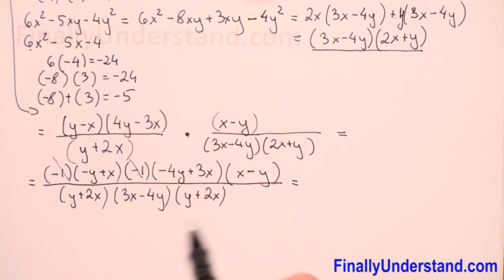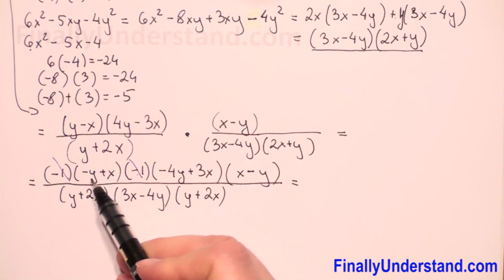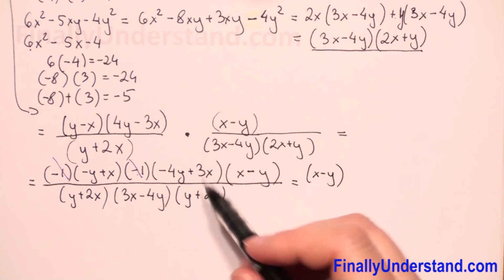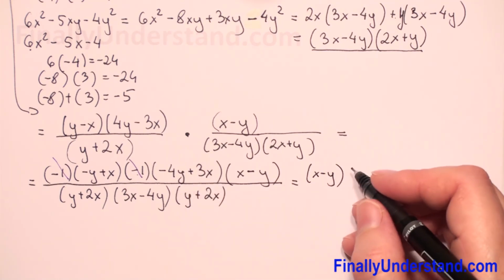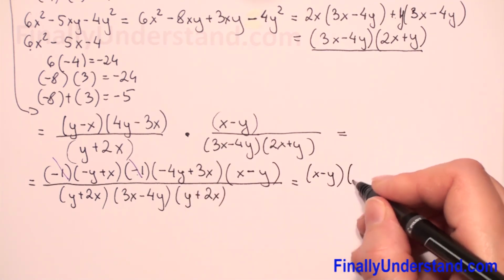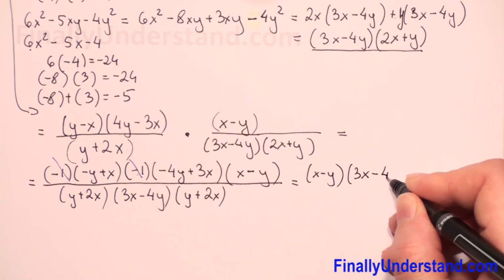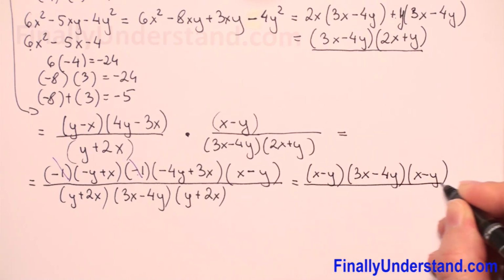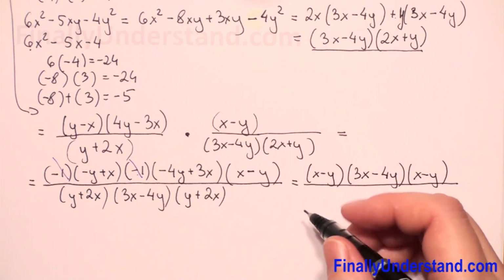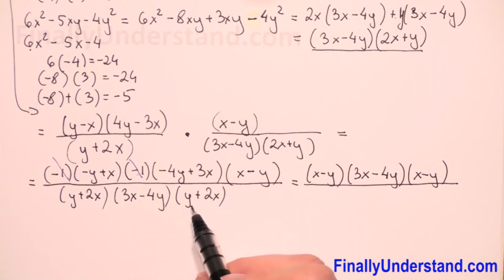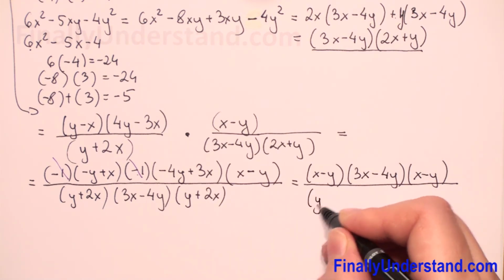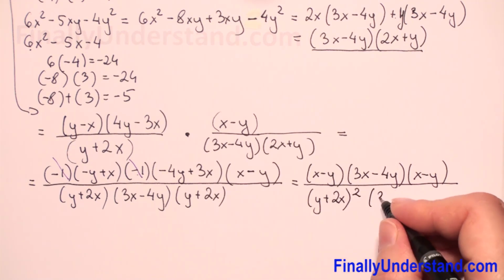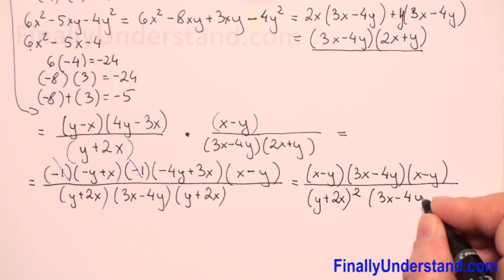And now, first I will put the positive variable, next the negative, so we have x minus y. The same I will do in the second term. In parentheses will be 3x minus 4y times x minus y over y plus 2x times y plus 2x, so we have y plus 2x to the second power, and we have 3x minus 4y.